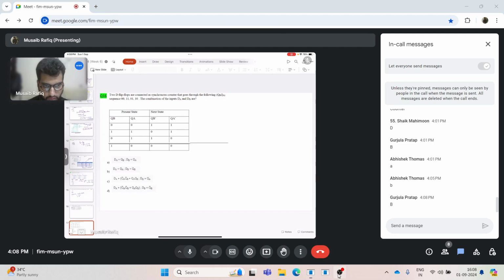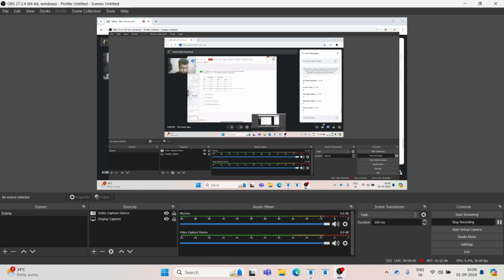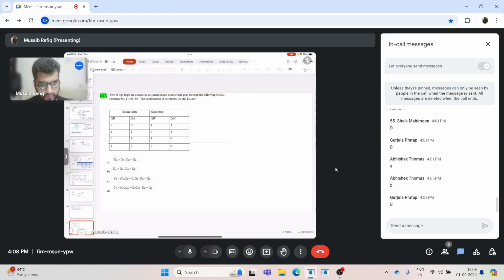Has anyone solved it? Let me wait for other people to type in, and then I'll show the solution.